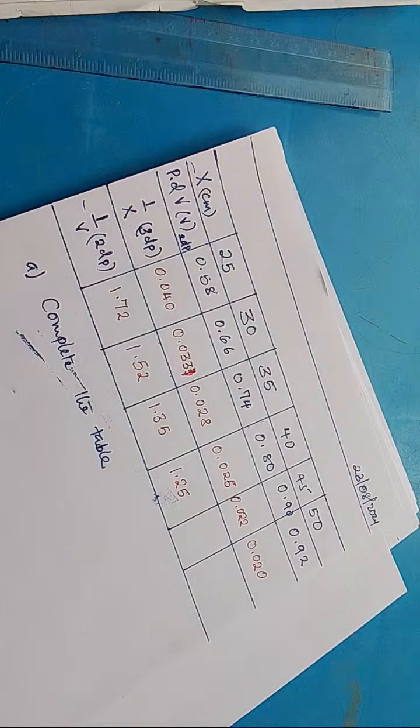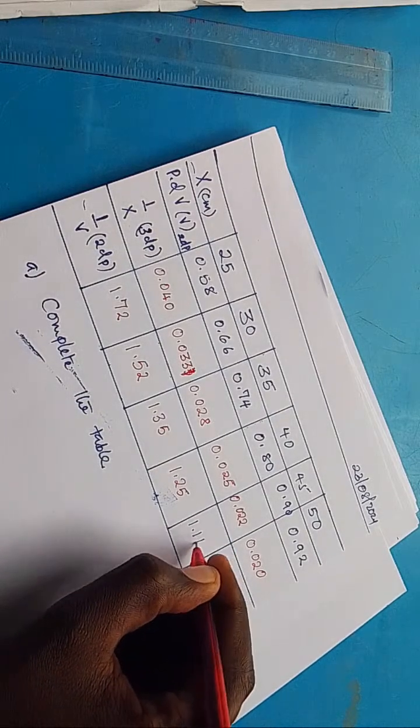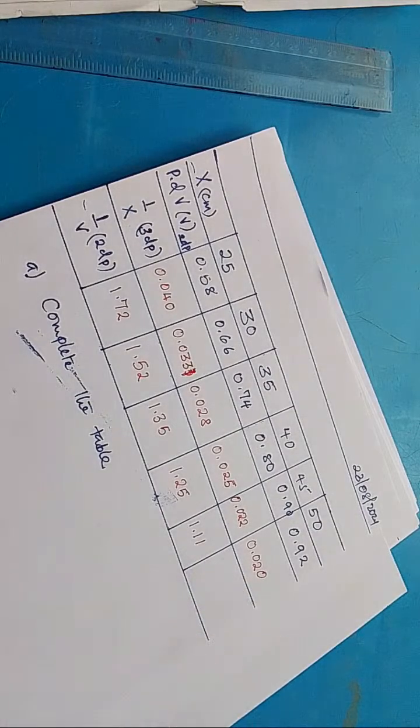We have the one for 0.90, which is 1.11.